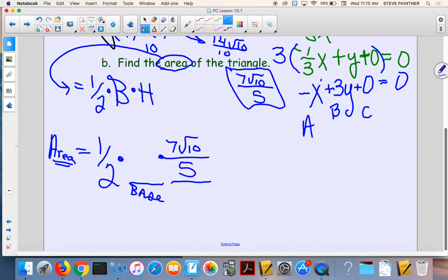Who has the base distance? Just one person. Okay, hang on, I'm going to wait. I want at least half of you to get the distance. What's the distance? Did you get it? Not yet. Okay, Travis, you got it? Yeah.